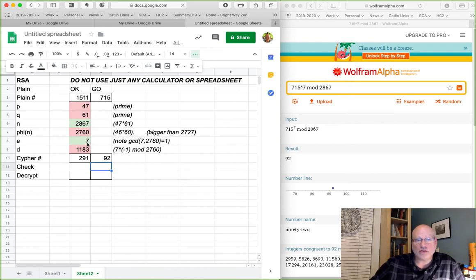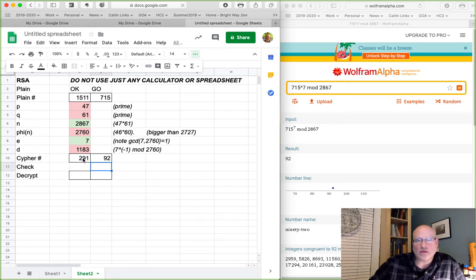You'd give them the mod, you'd give them the exponent, and then they can take these values, encrypt them, and send them to you. But without this 1183, which they can't find without knowing 2760, which they can't really figure out very easily without knowing what the primes were to begin with, we can then decode it.